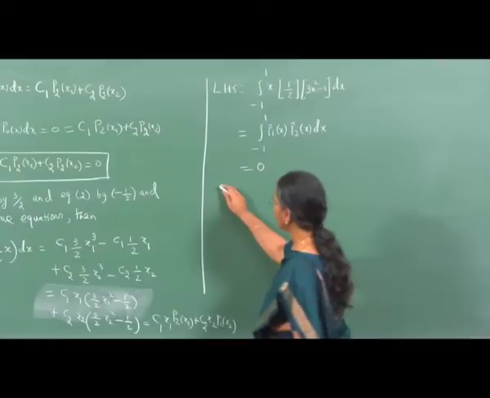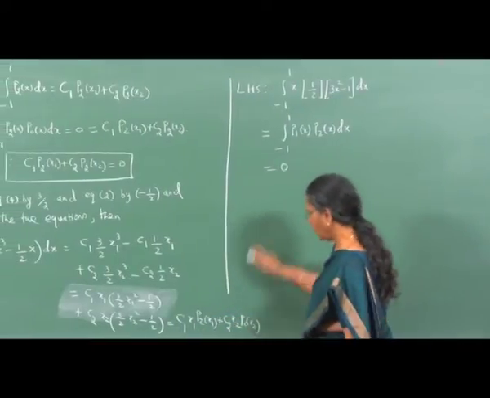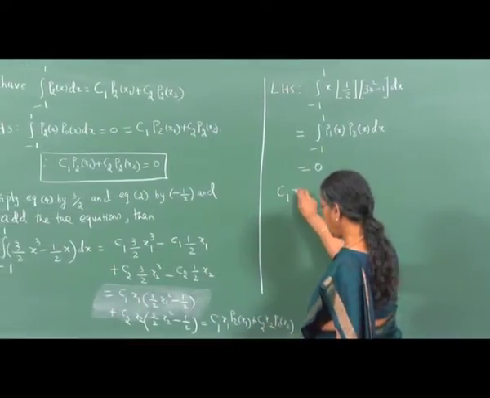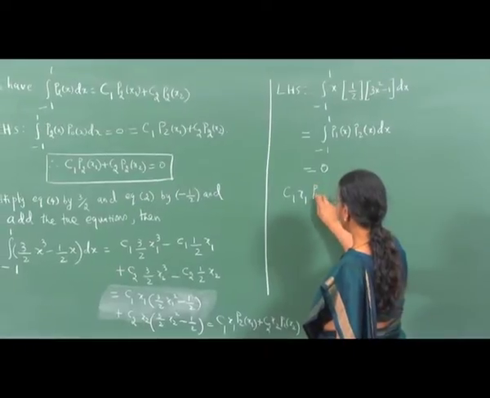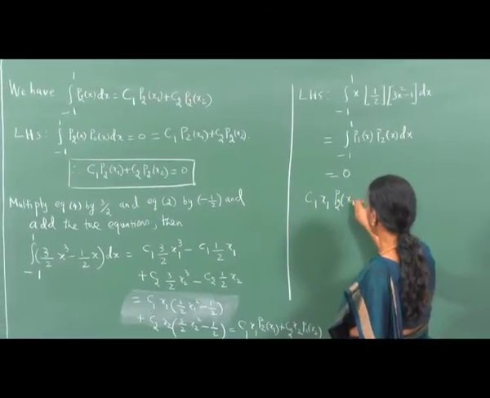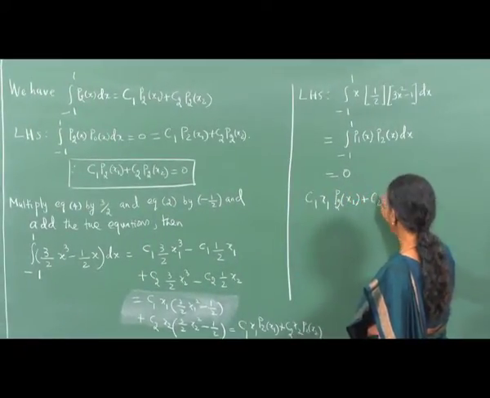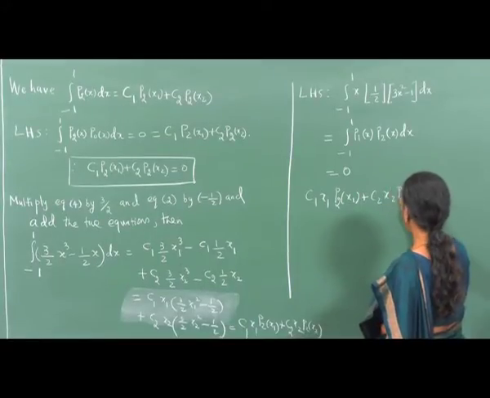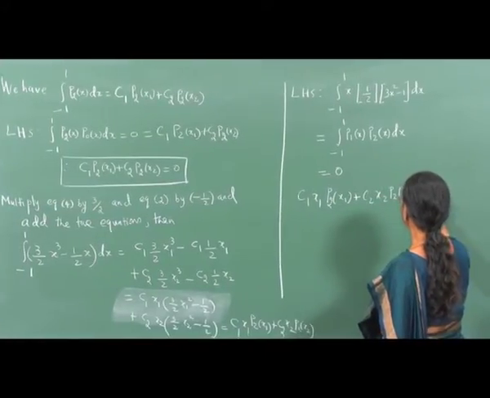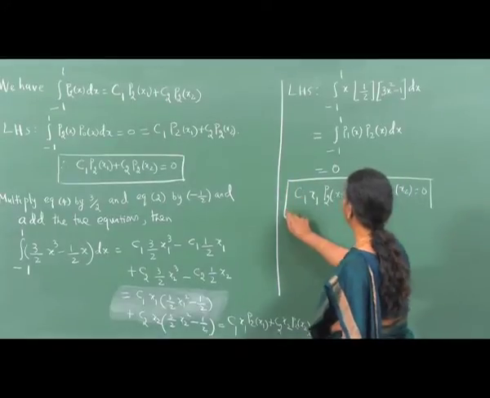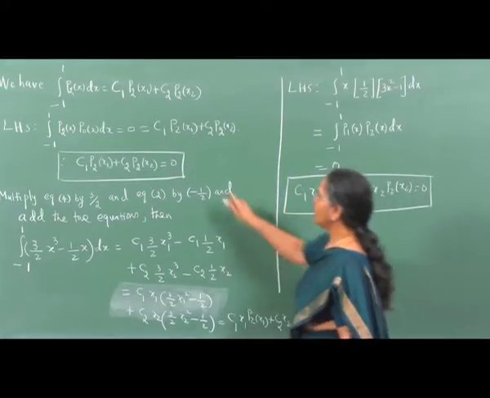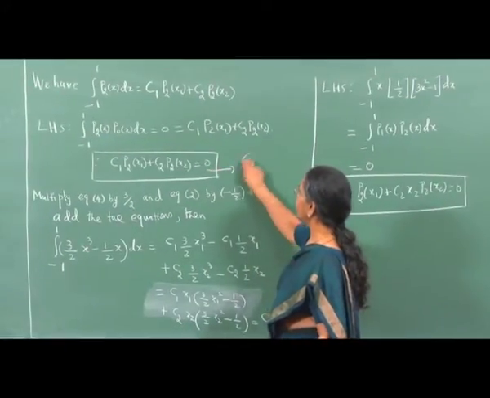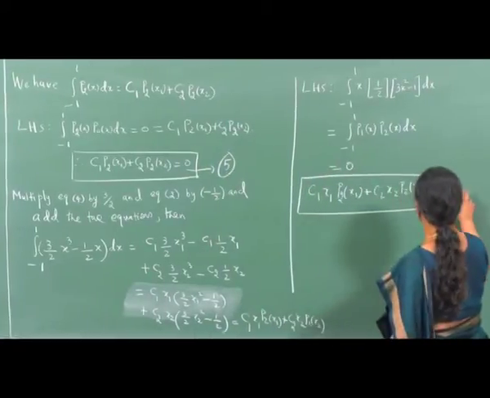Thus, we have the second equation given by C1 into x1 into P2 of x1 plus C2 into x2 into P2 of x2 is 0. So, let us call these equations 5 and 6.